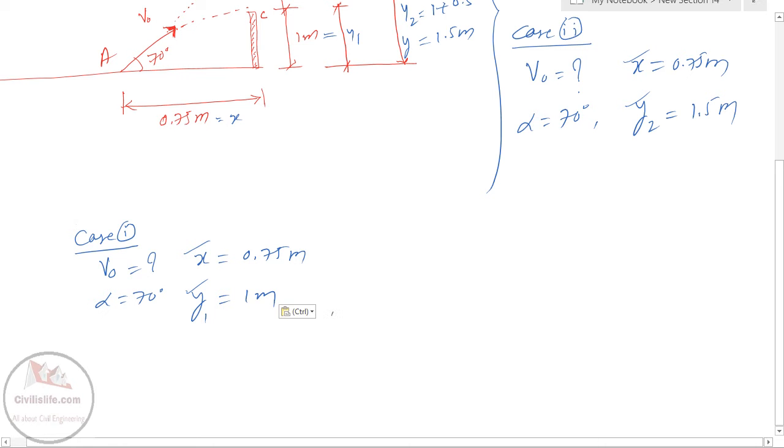So this is the available data, and the equation of trajectory is y is equal to x tan alpha minus g x square upon 2 u square, 1 plus tan square alpha.